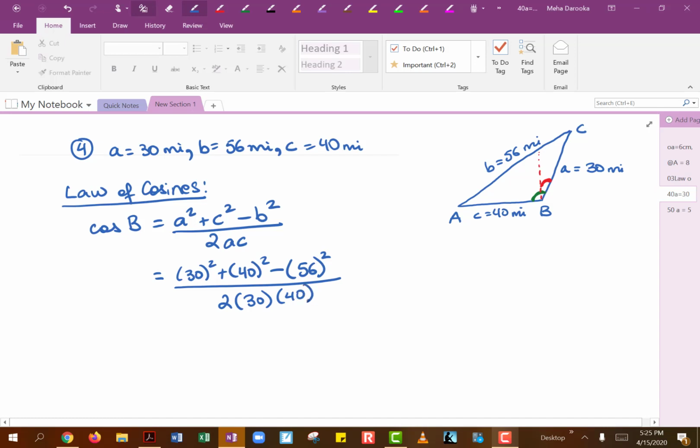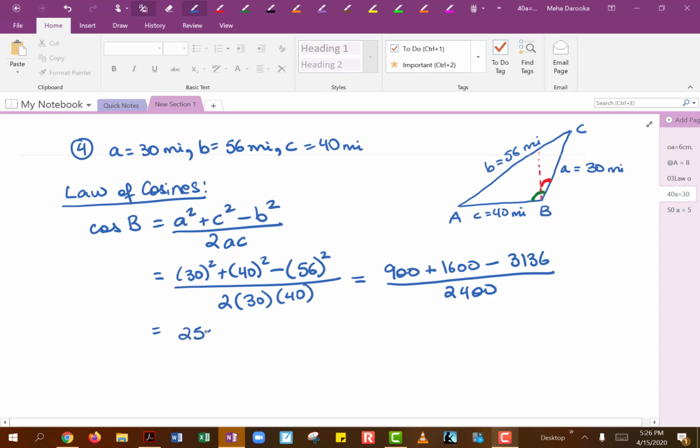If we do these square calculations, 30 squared is 900, 40 squared is 1600, 56 squared is 3136, and 2 times 30 times 40 comes out to 2400.